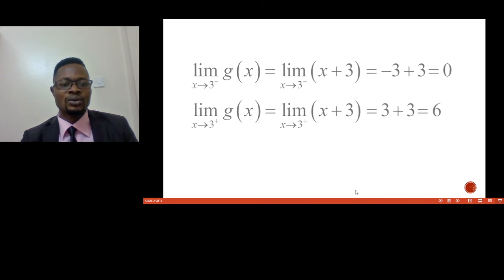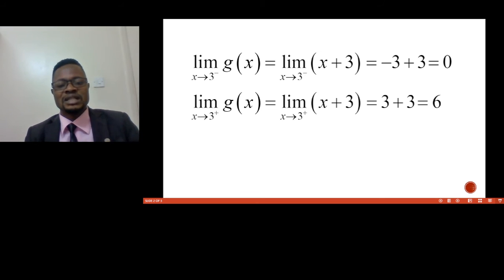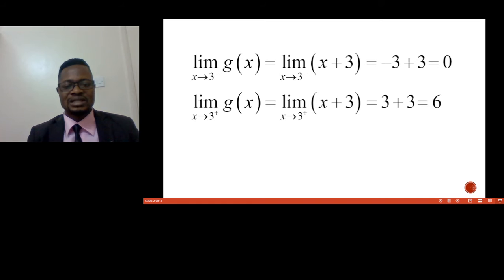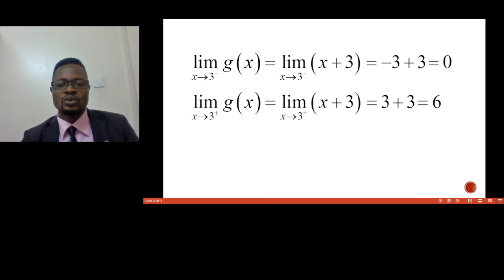So now, let's see. We are going to solve this limit from the left-hand side and from the right-hand side. And the question was to show that the limit is continuous at x equals 3. So we are going to take the limit as x tends to 3 from the negative side of the function g of x. The function g of x is given by x plus 3, which we were given.